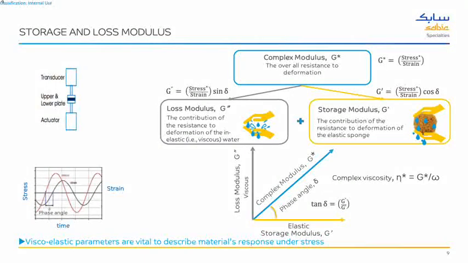The resistance given by the sponge to deform back to its original shape is called the elastic component. So those two components can be calculated through this measurement. And the difference between these two components via phase is called the phase angle. The phase angle is an important parameter as well to determine how elastic or how viscous the material is.